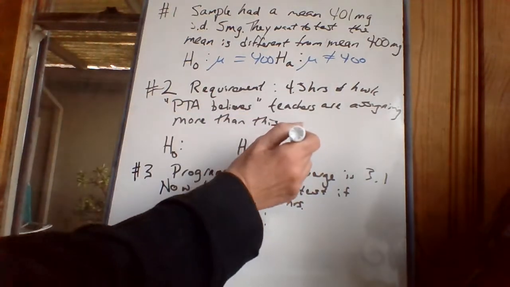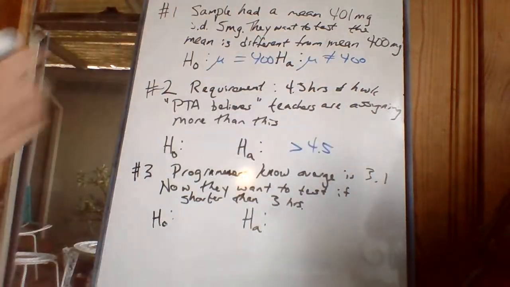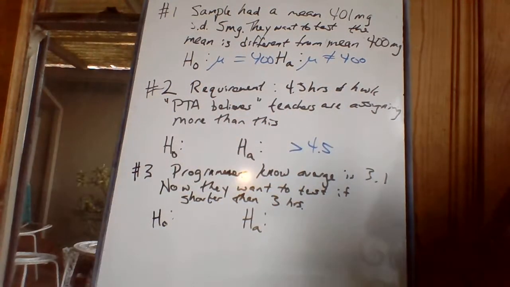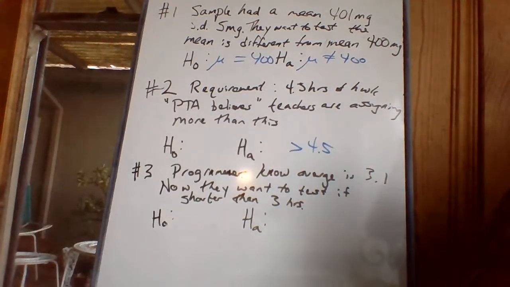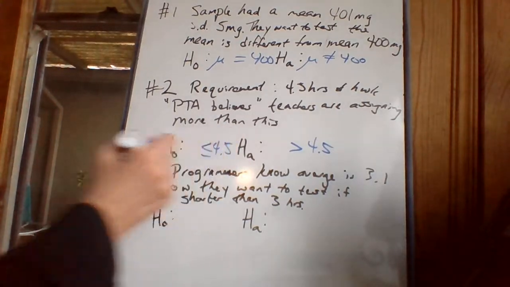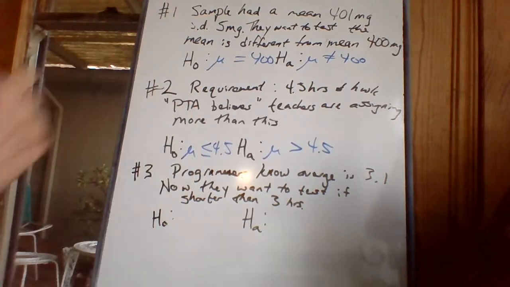So more than 4.5 looks like this. Not 4.5, stuff that's bigger than that. Because of the way this works, that doesn't have an equal sign, and stuff that doesn't have an equal sign has to go over there. So the opposite of that is to put less than or equal to over here. And again, you could use whatever letter you wanted, but you're really supposed to use mu.